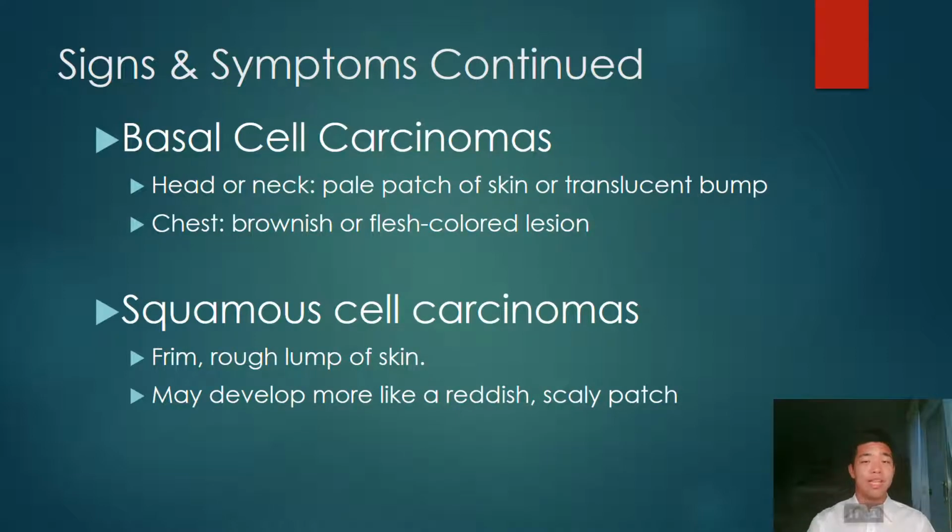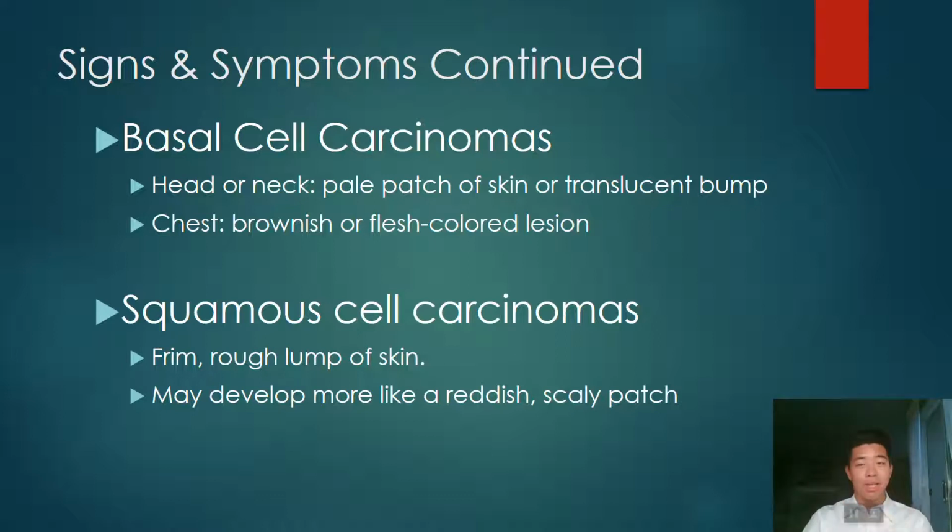So the signs and symptoms of basal cell carcinomas and squamous cell carcinomas can be differentiated, on the other hand. Basal cell carcinomas on the head or neck may first appear as a pale patch of skin or a waxy translucent bump. You may see blood vessels even, or an indentation in the center of the bump.